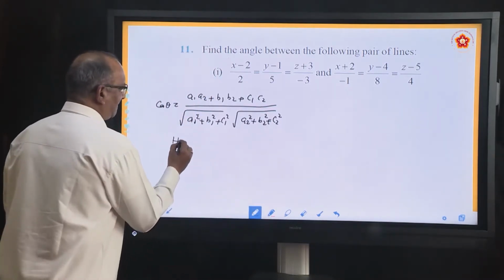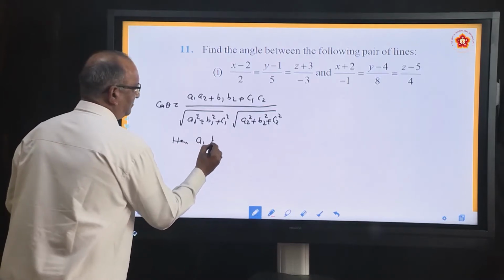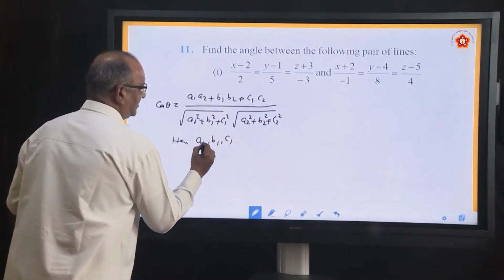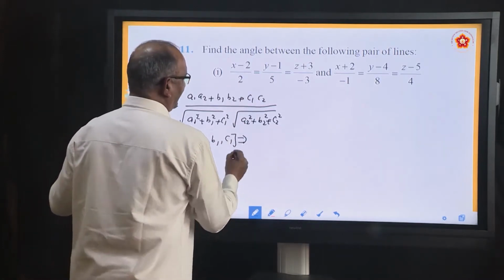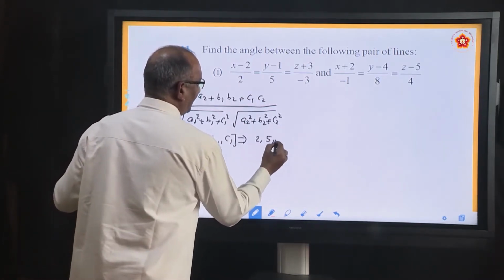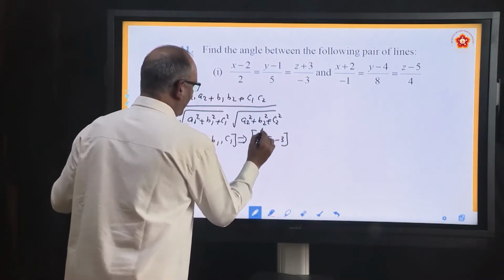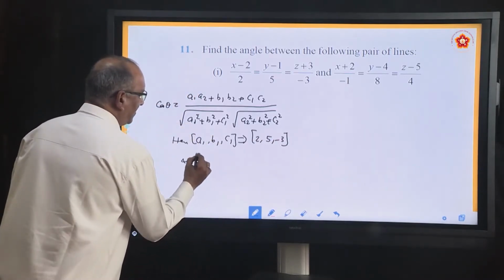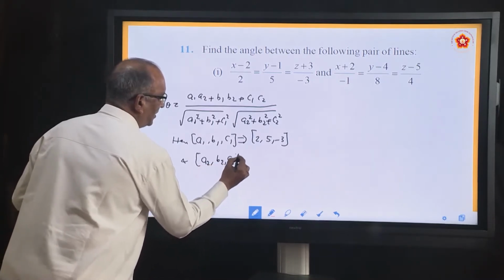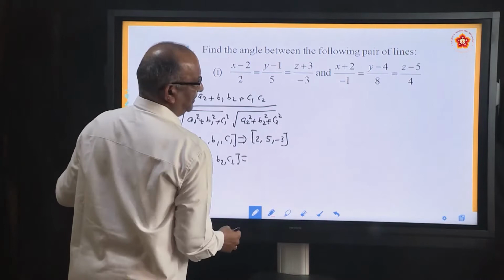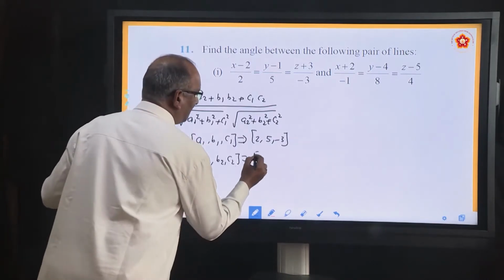Here A1, B1, C1 are 2, 5, minus 3 and A2, B2, C2 are minus 1, 8, 4.